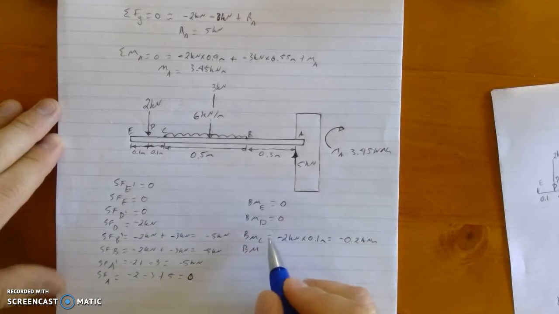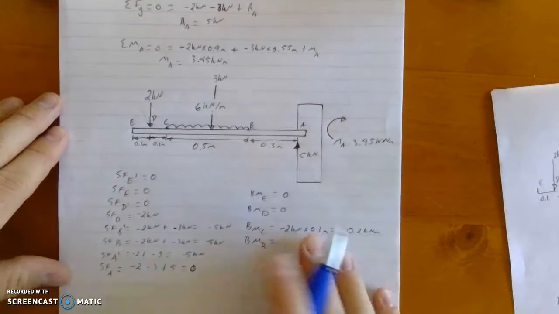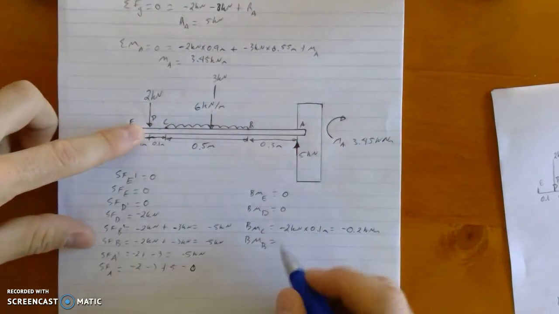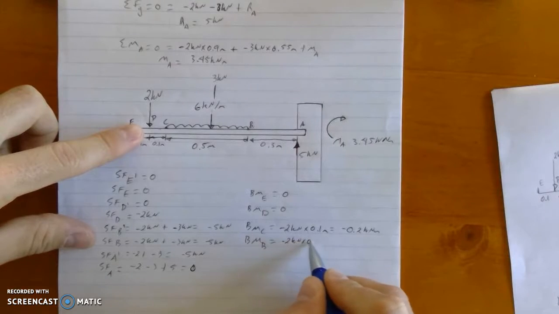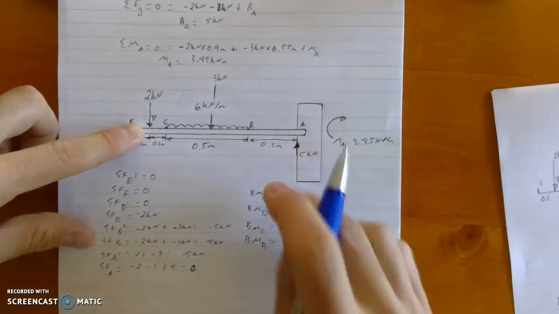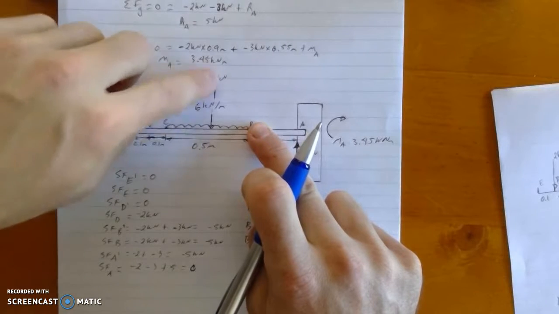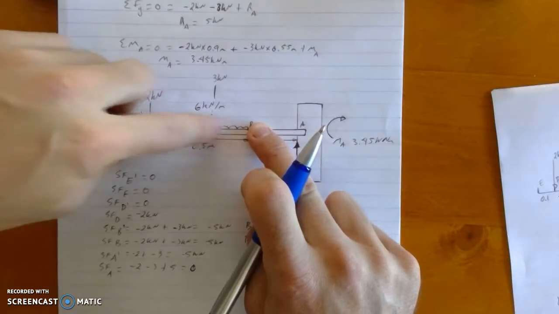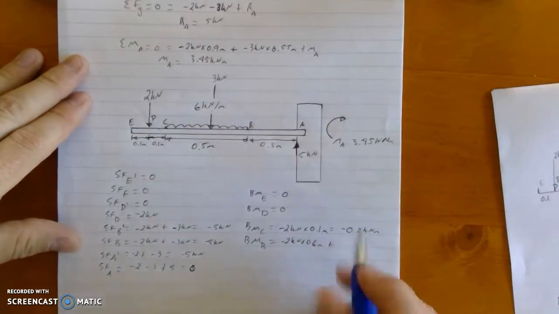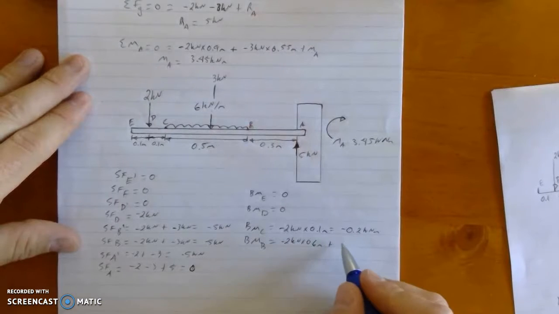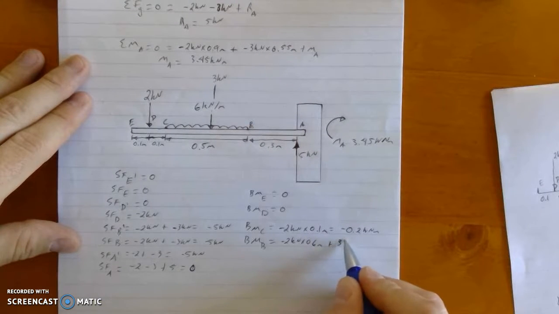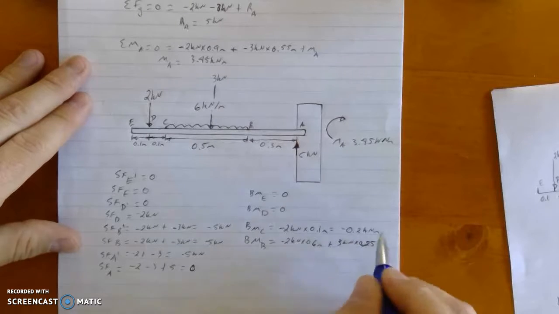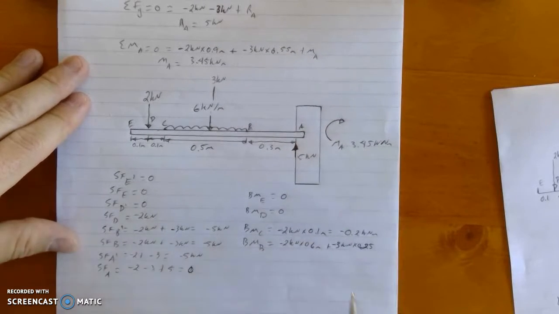Okay, the bending moment now at point B: you have negative 2 times 0.6 meters plus the force in the center, which is acting like a 3 kilonewton force times the distance of 0.25, half that distance, and that's a negative force.